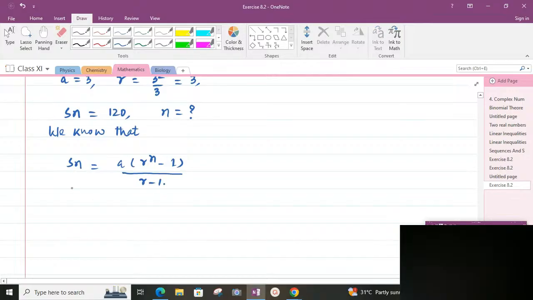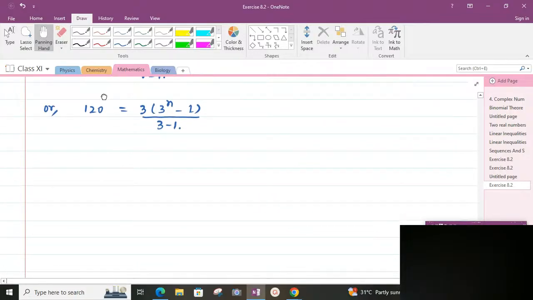Now putting the values, the value of Sn is 120, the value of a is 3 and the value of r is also 3, so 3 to the power n minus 1 by 3 minus 1. Hope there is no problem to understand up to this step.